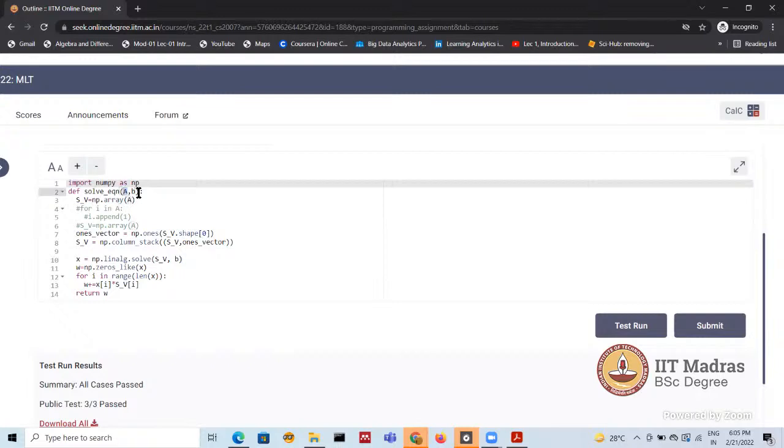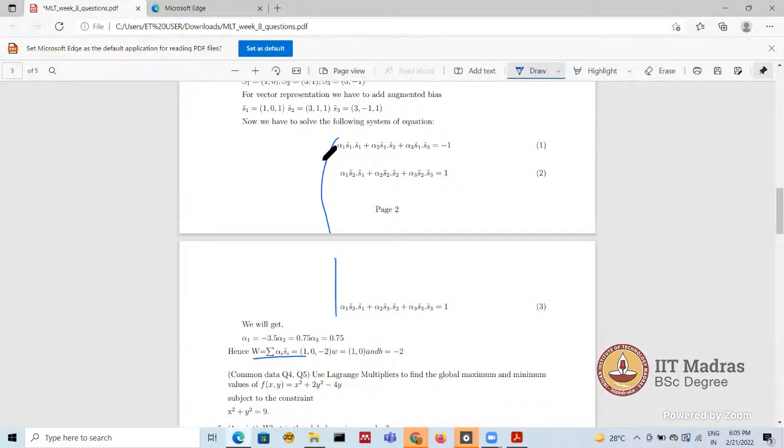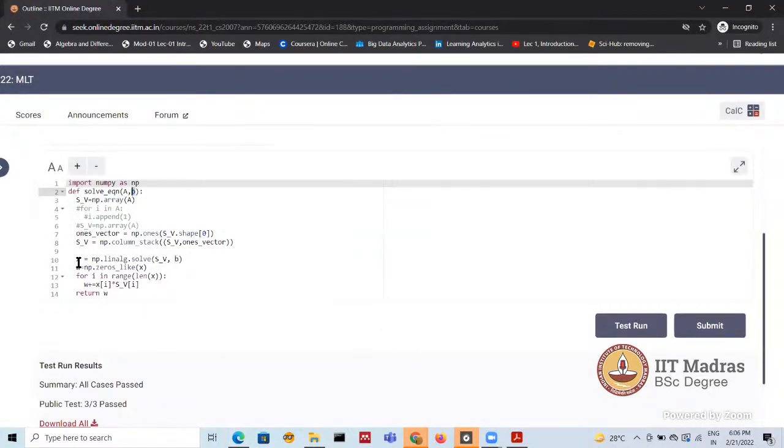B is the labels here, not the bias. Now with these support vectors you form this system of equations, and you get these alphas. Rather than using alpha, I actually use this X here. So these are actually alphas, which are obtained by solving this matrix.